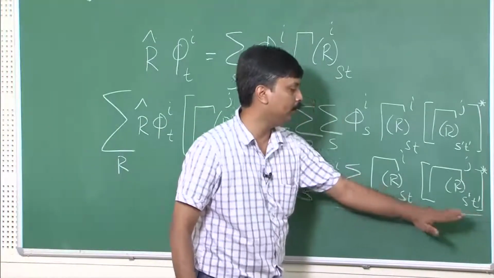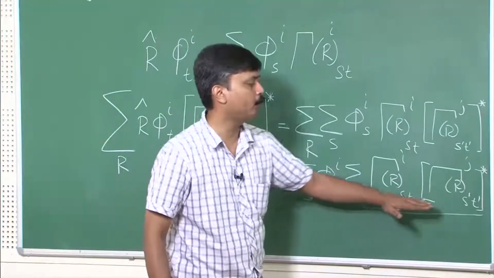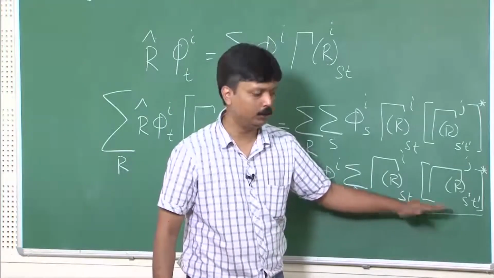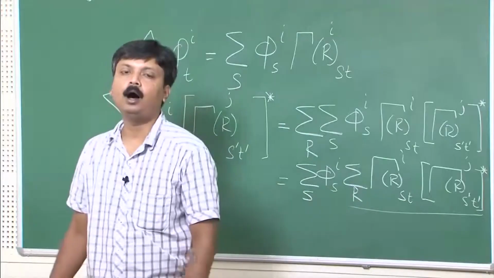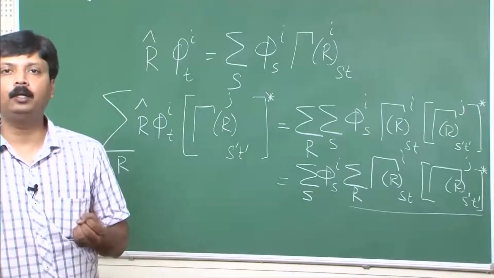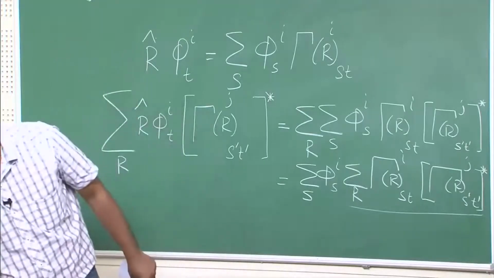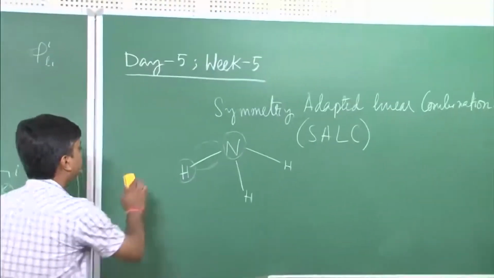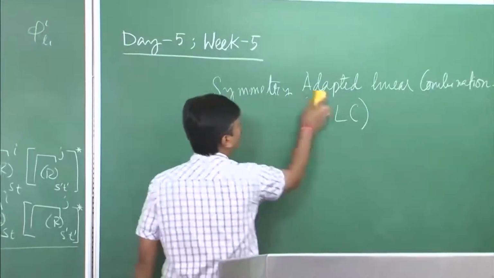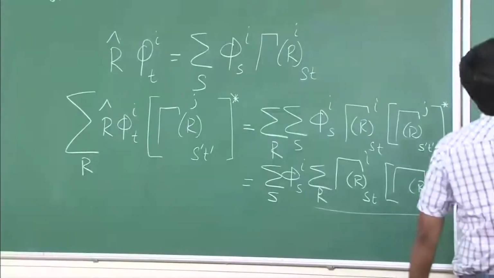Now, such sums of the products of irreducible representations over all symmetry operations are governed by the great orthogonality theorem. So what does the great orthogonality theorem tell me about such a coefficient?